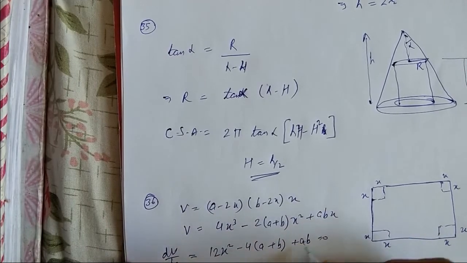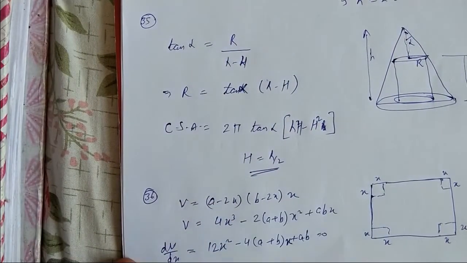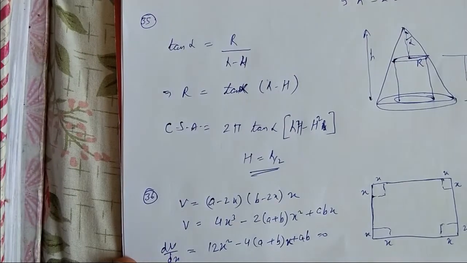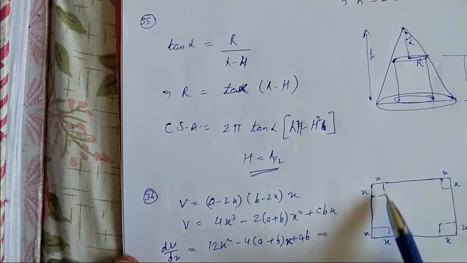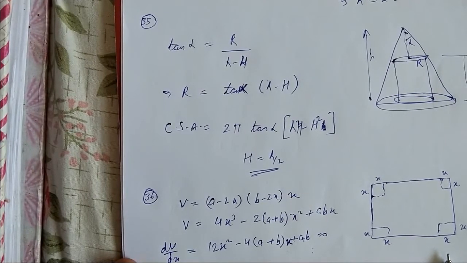This is a quadratic in x, which we can use to obtain the value of x. We need to keep in mind that the value of x would be less than a and less than b, or rather less than a by 2 and less than b by 2.